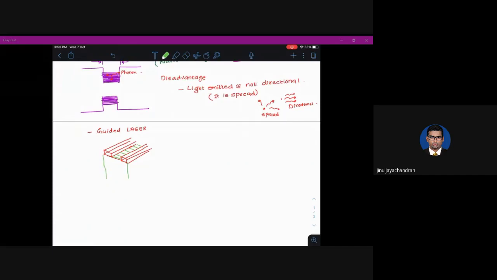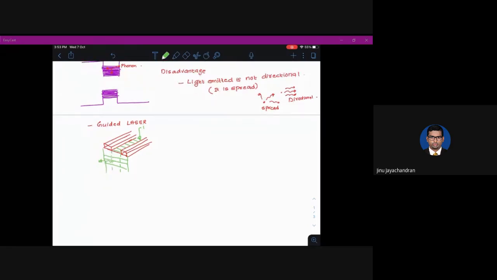There are different layers in this one: active region, cladding, etc. So the current will be provided only to this part. The injection of current is only provided to that part. Wherever it is, that part only will emit the laser. This is called a guided laser. This is just for your information. You don't want to go in deep on this.